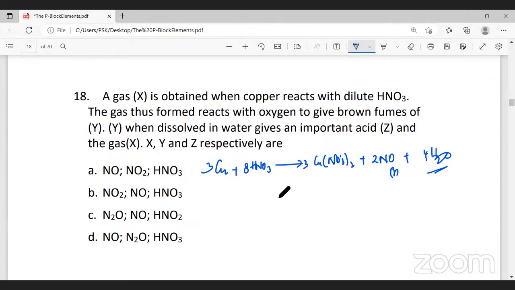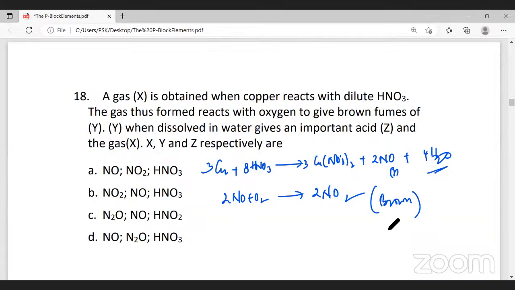The gas thus formed, nitric oxide, reacts with oxygen and gets oxidized to form nitrogen dioxide. This nitrogen dioxide is a brown fume. This nitrogen dioxide dissolves in water in the presence of oxygen to give 4 moles of nitric acid.